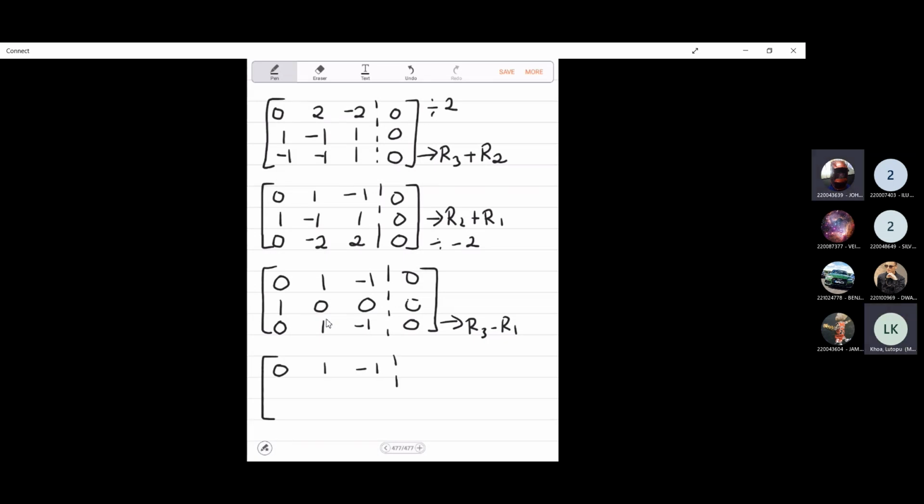I just want to know, in this case, are we not trying to get to the form of the identity matrix, or are we just trying to find unique unit column matrices? We're trying to find unique column matrices. So we're actually trying to solve for x1, x2, and x3.